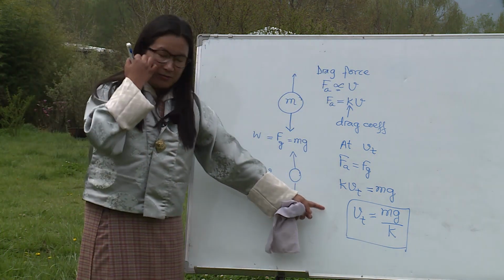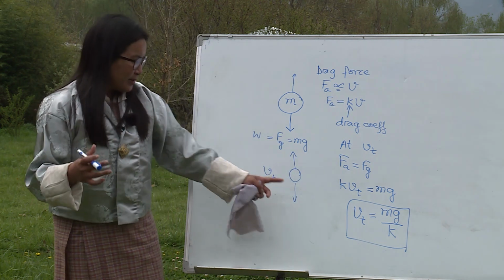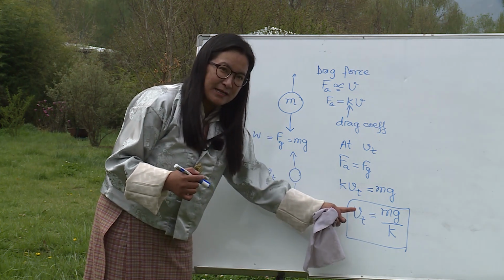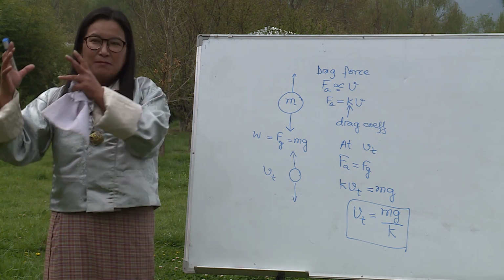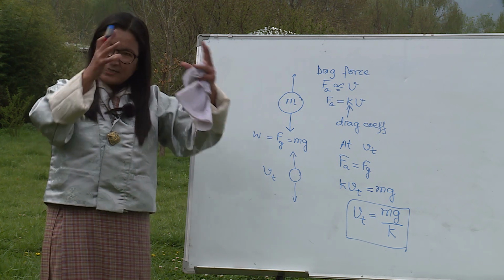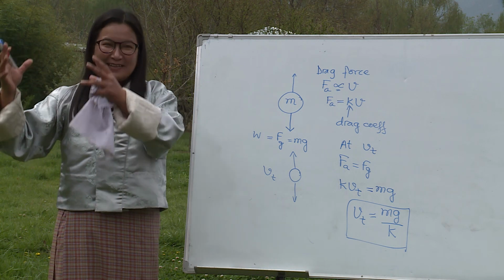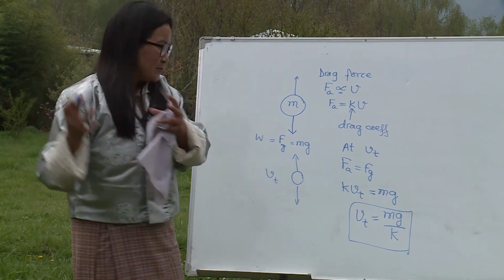Now this has huge importance. From here you can have different situations. For example, with the mass, how is terminal velocity related? Suppose you have a metal ball and a plastic ball. Let's say their sizes are equal, but their masses are different. Naturally the metal ball would be heavier.